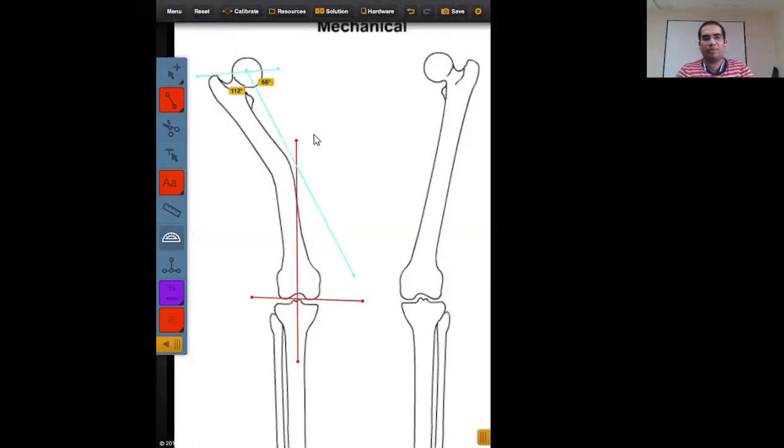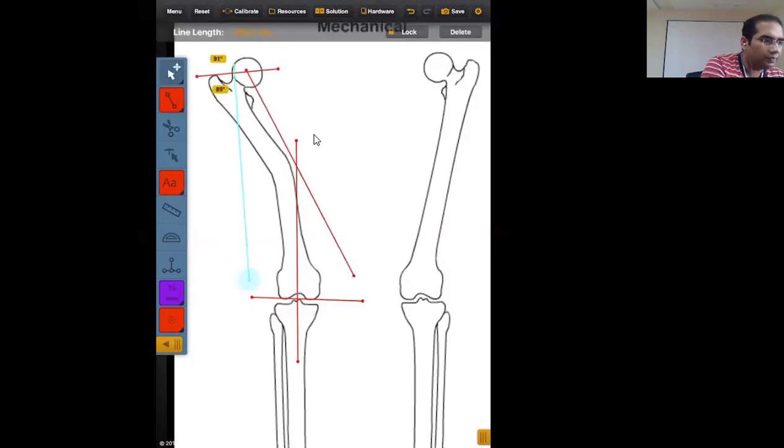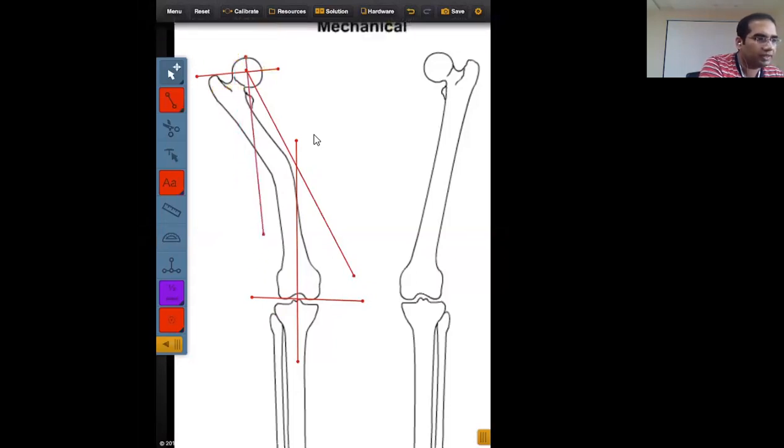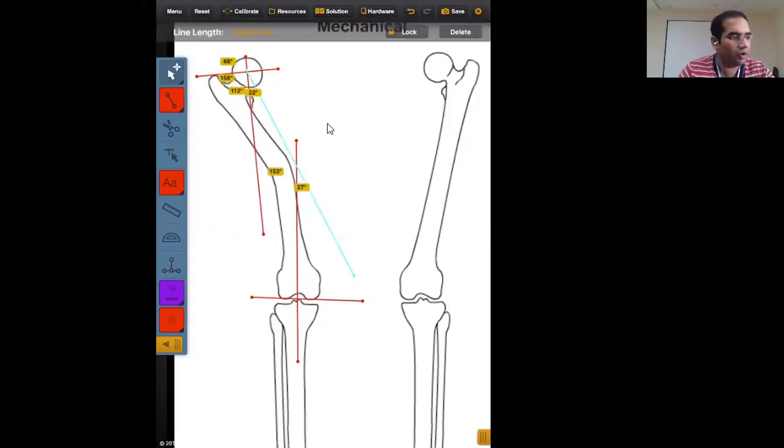The lateral proximal femoral angle here is 112 degrees. What is the normal angle? 90 degrees. So what I would do over here is draw a reference line at 90 degrees. And this line here has given me the magnitude of the deformity.